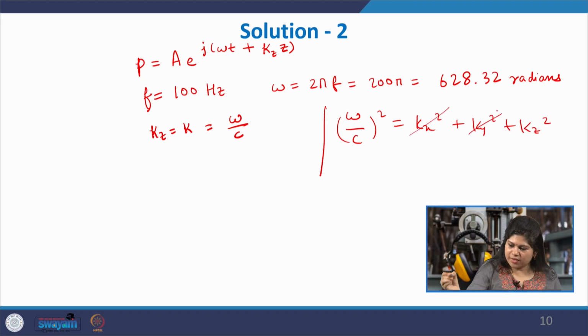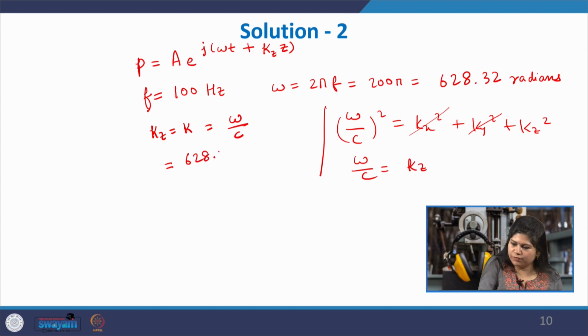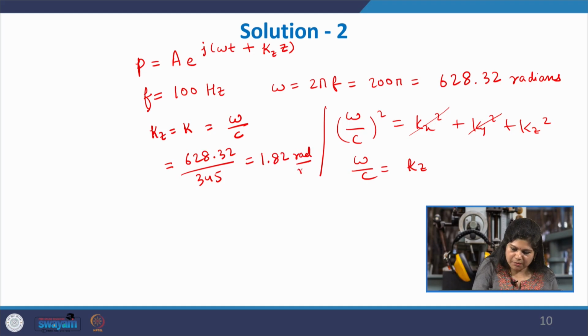These two are already 0. So, omega by c becomes directly this kz. Omega we have found out already, and c we will take as 345 meters per second for air at room temperature. So, the answer that we are getting is 1.82 radians per meter.